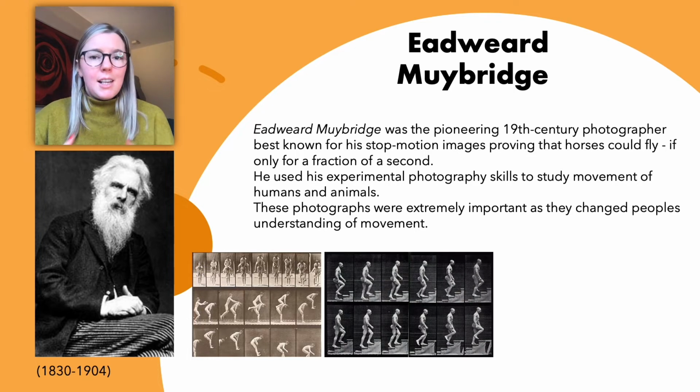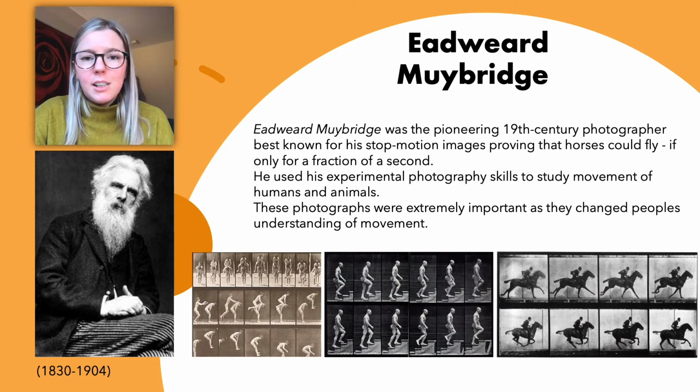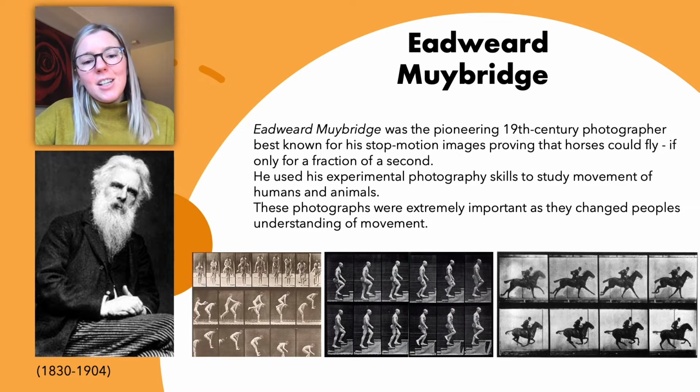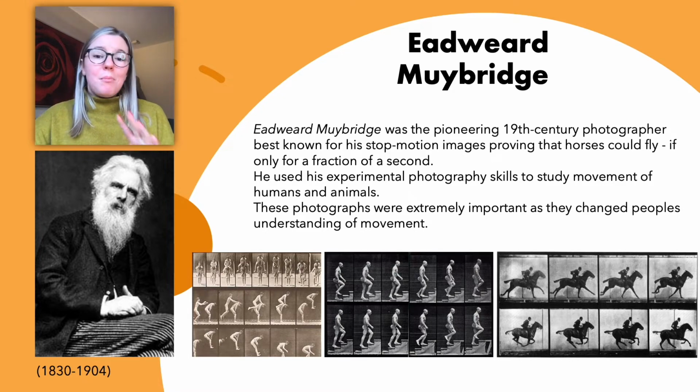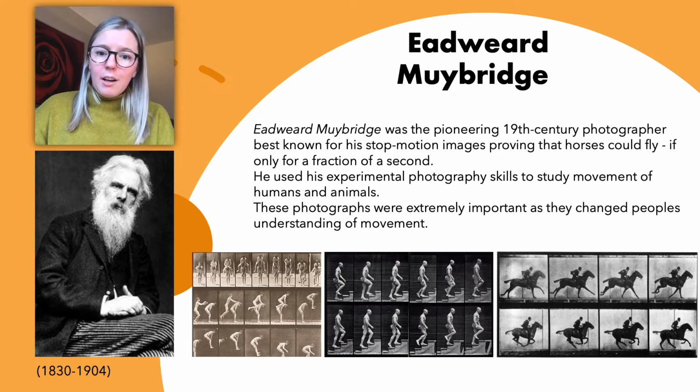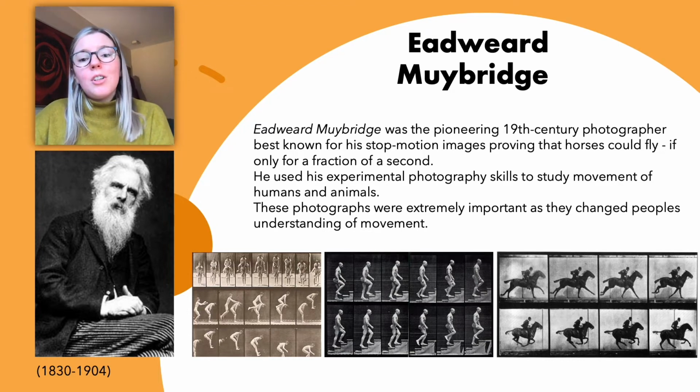So he was an Englishman, he moved to America, and he started off his career as a landscape photographer. And he went on to use his experimental photography skills to study movement in humans and animals. His photographs were actually extremely important as they changed people's understanding of movement.